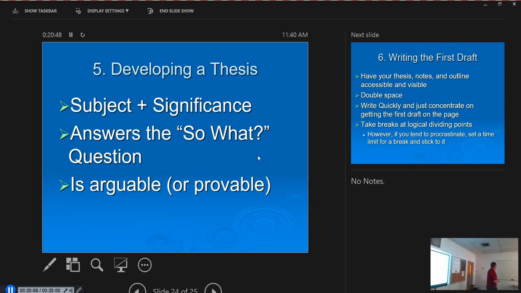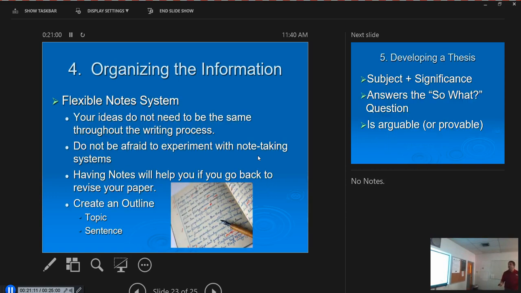Okay, so developing a thesis. Subject plus significance, answers the so what question, and is arguable. Now, this, number 5, and number 4 can be kind of interchangeable, or you might bounce between the two as you're going along.